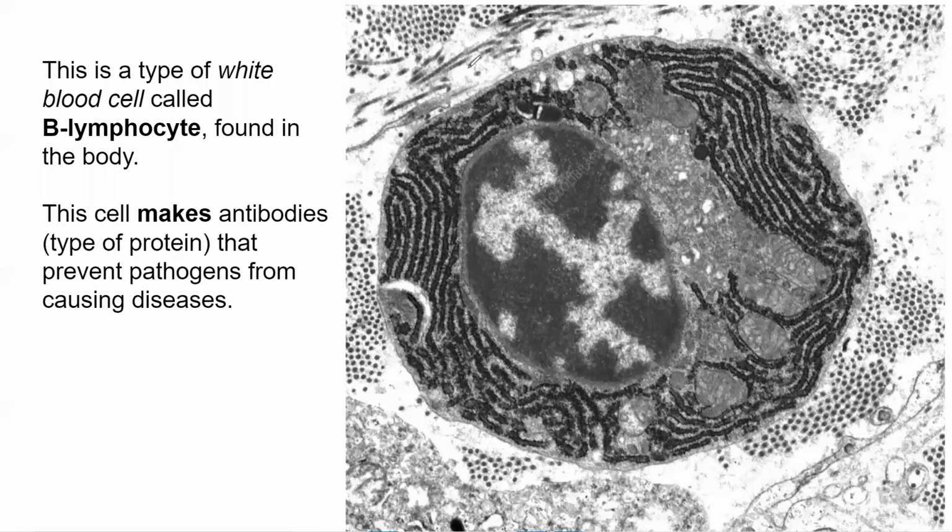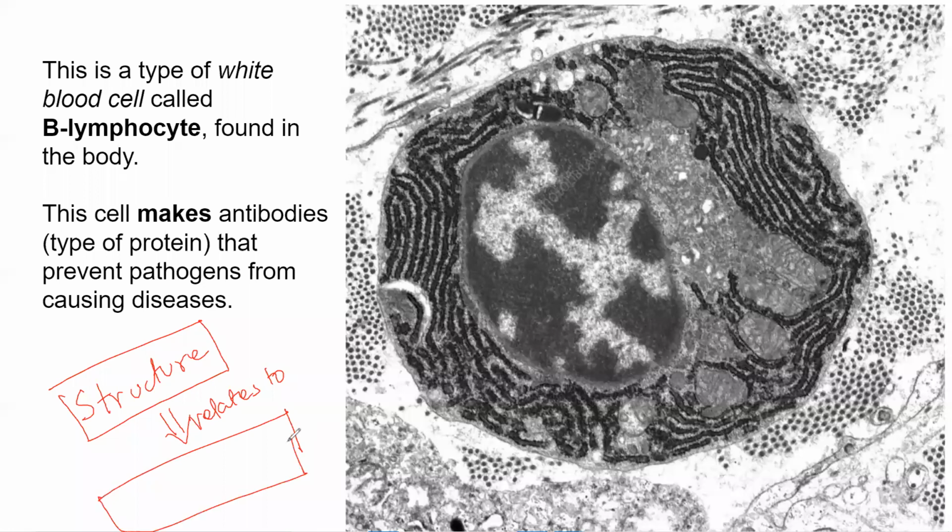Now, one main common theme for your whole AS A-level syllabus is whatever you study, you have to know the structure, and you also have to know how the structure relates to what? Its function. Every time you see a certain structure, you have to ask yourself, why is this cell packed with so much endoplasmic reticulum, so many mitochondria?